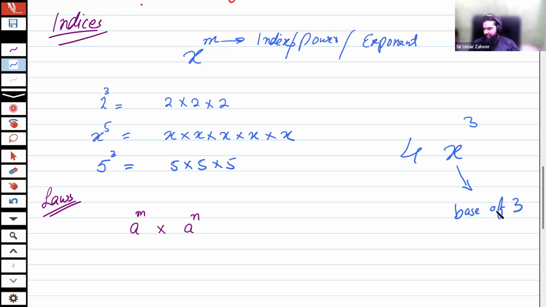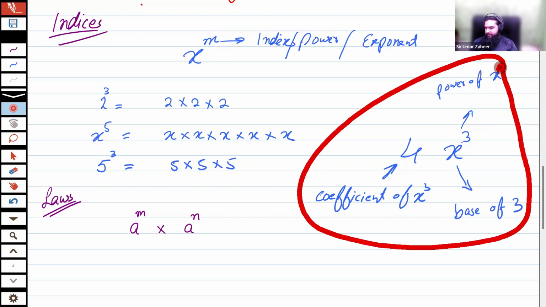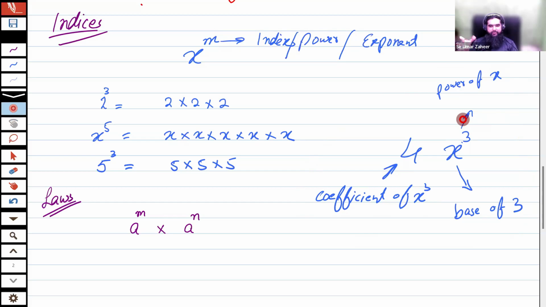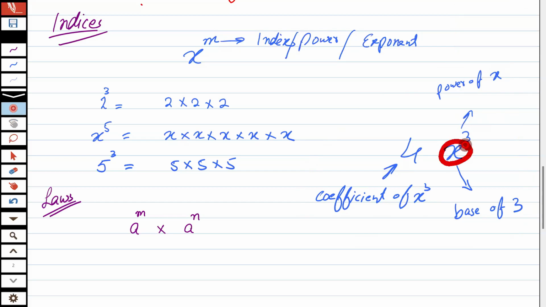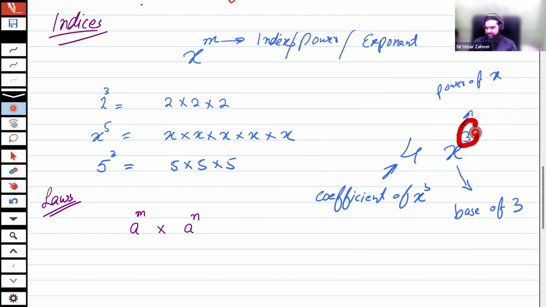And what is 3? 3 is basically the power of x, and 4 is basically the coefficient of x cube. Yes, everyone, any question? If you write simple 4x cube, x is the base, 3 is the power of x, and the number multiplying x cube, 4, is the coefficient of x cube.